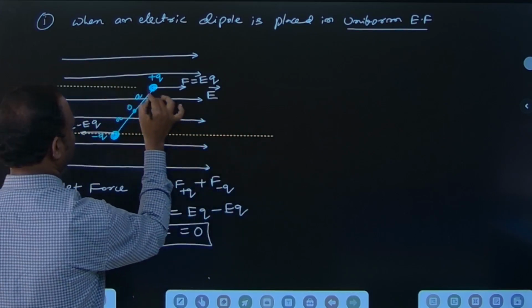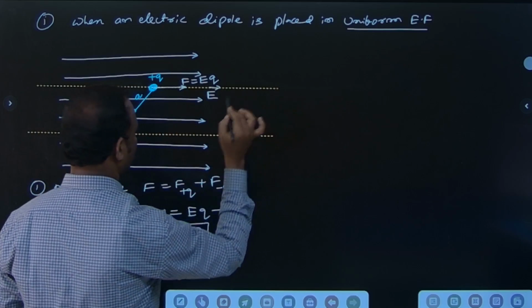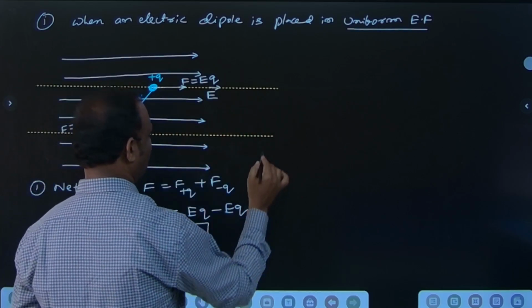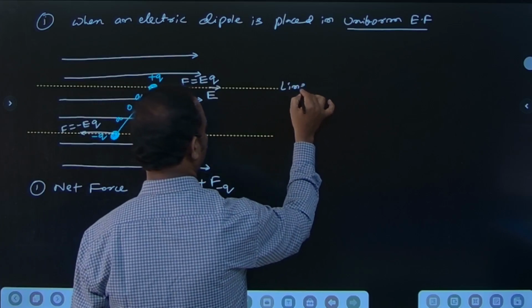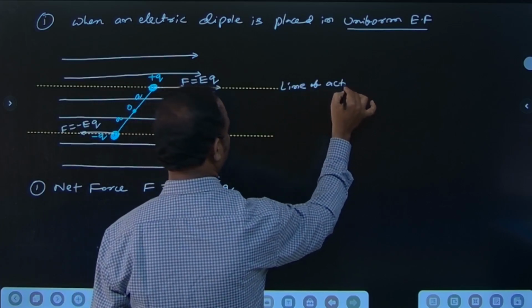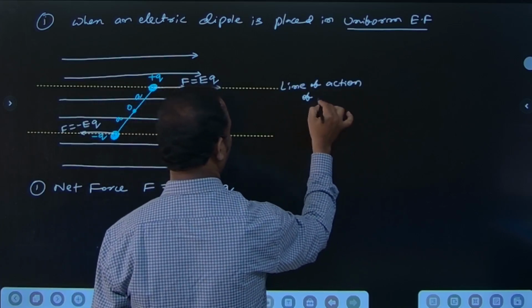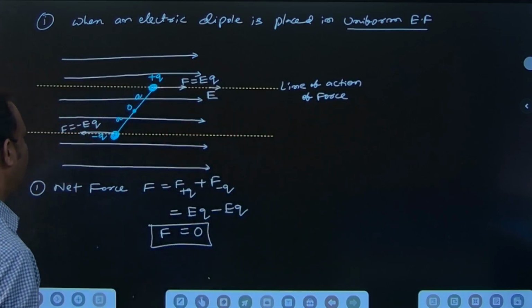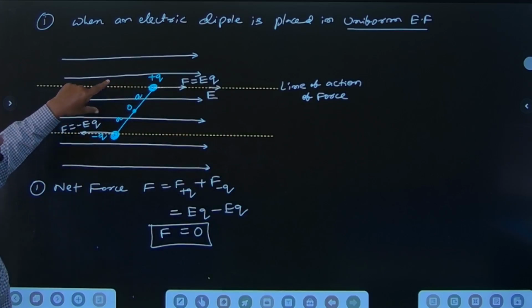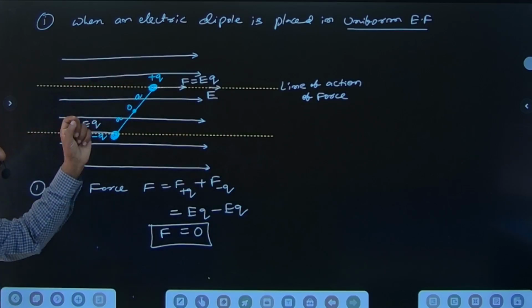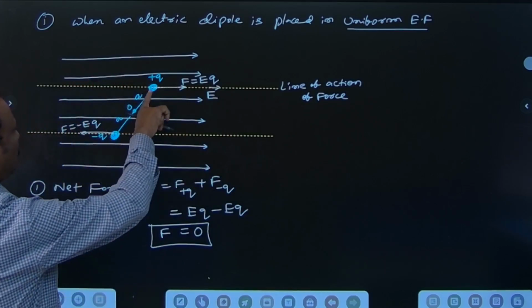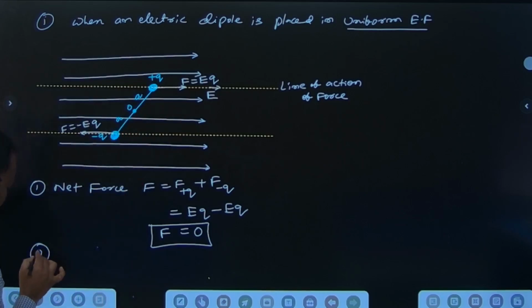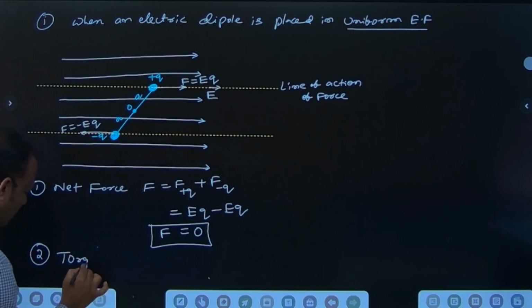Since they act at two different points of a short dipole, the forces produce torque.